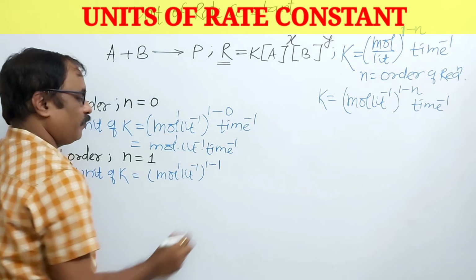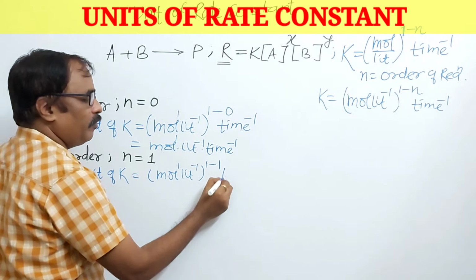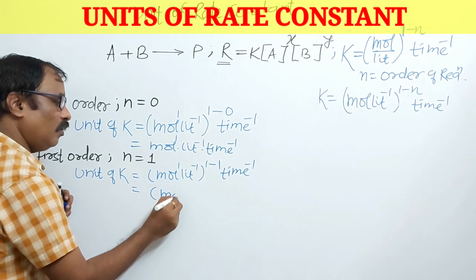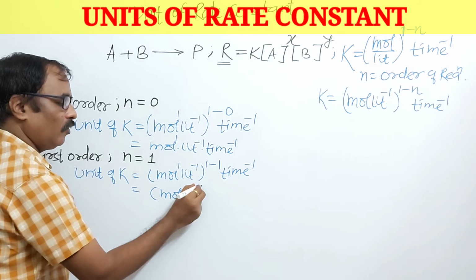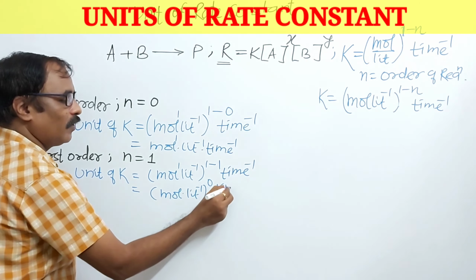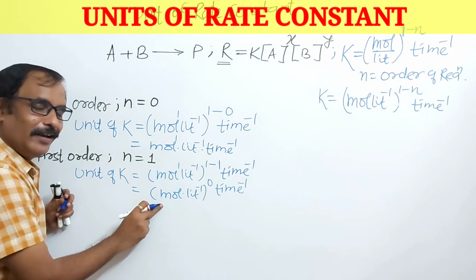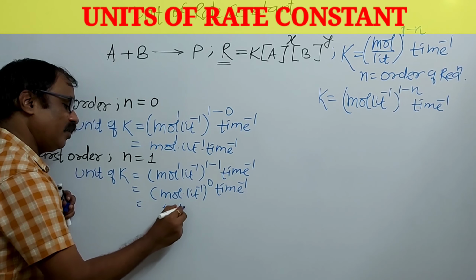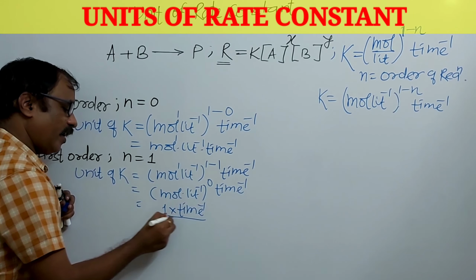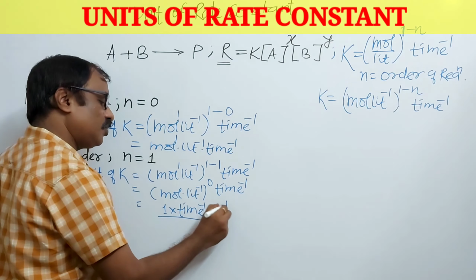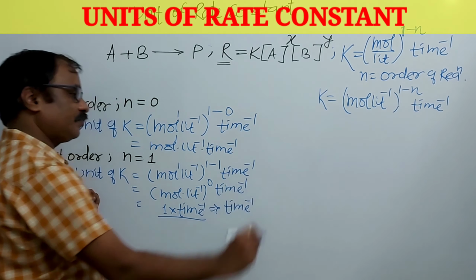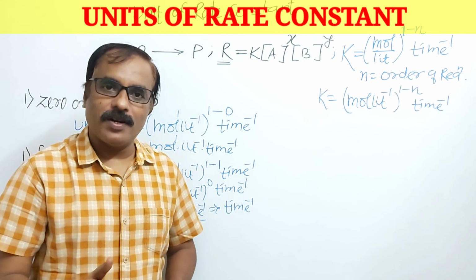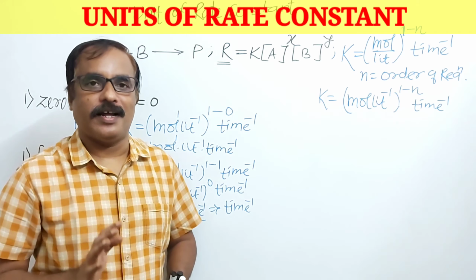It is 1. n is 1. Time inverse. So mole liter inverse to the power 0, time inverse, and anything raised to 0 is 1. So 1 into time inverse. So time inverse is the unit of rate constant in a first order reaction. It may be second inverse, minute inverse, hour inverse, etc.